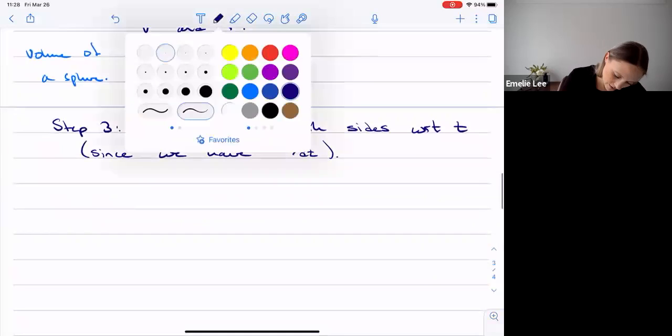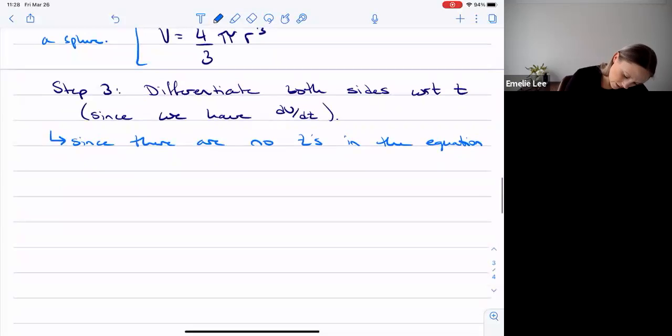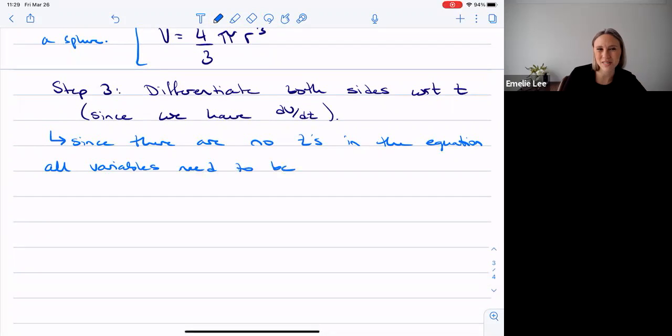So here I'll write, since there are no t's in the equation, all variables need to be differentiated implicitly.